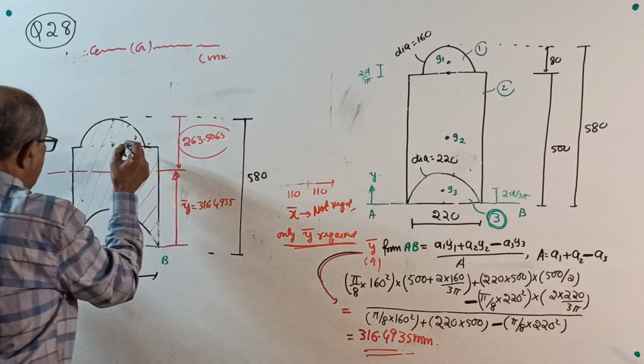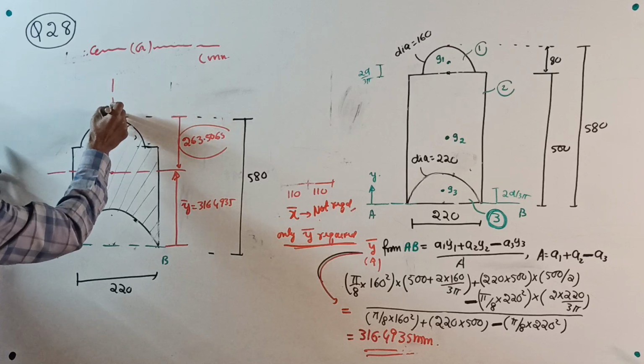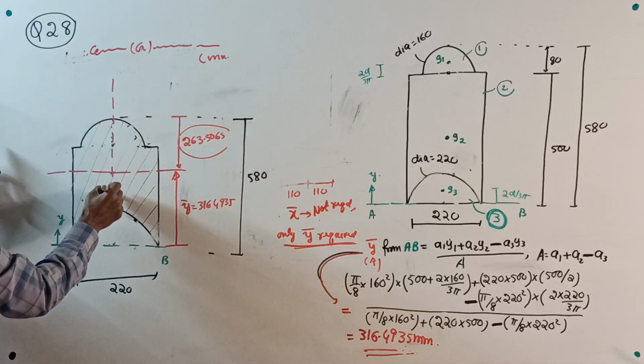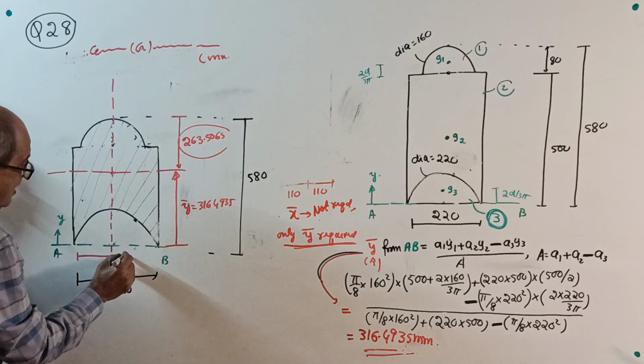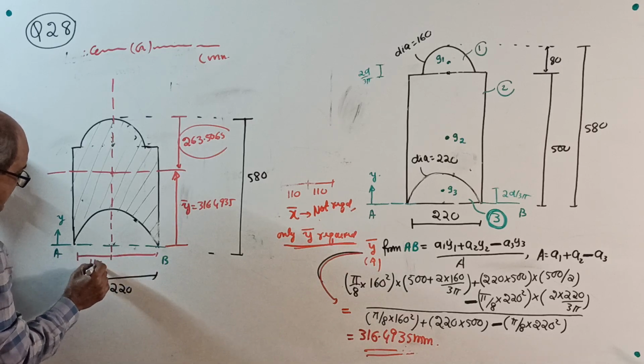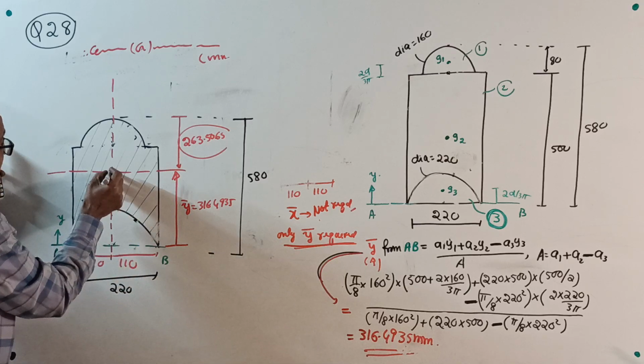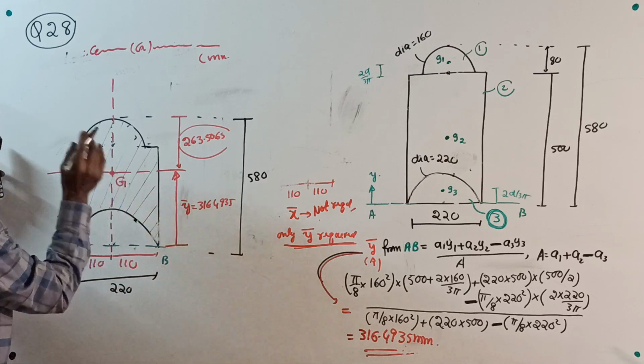And this is the symmetry axis here. Directly marking the axis of symmetry is not required. Each distance will be how much? 220 means 110 and 110. This is the centroid for the given lamina.